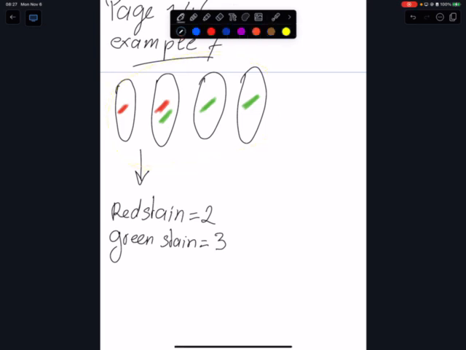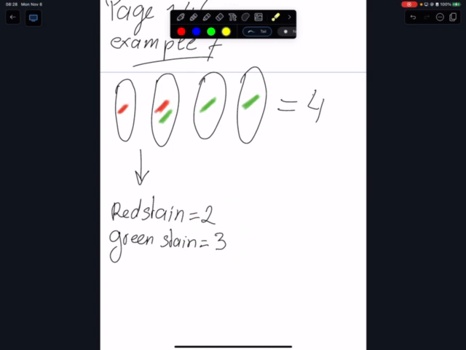In the example, they've only said 2 with red stain and 3 with green stains. But if you notice, you have a total of 4. But if you count the ones that were brought forward, are 5.